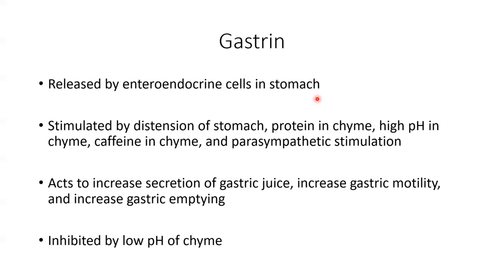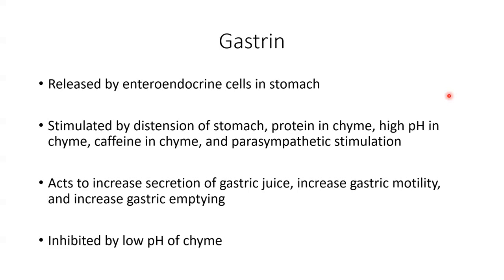Once gastrin is released into the blood, it targets gastric glands to secrete large amounts of gastric juice, to increase gastric motility, which is just the movement of the gastric contents or the food within the stomach through the stomach into the small intestine, and it increases gastric emptying.